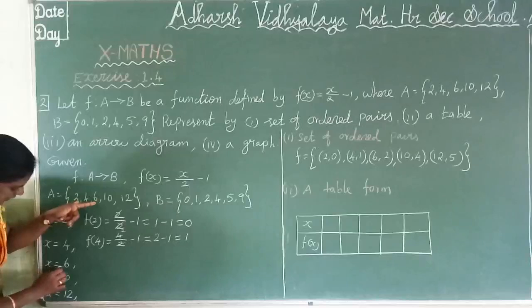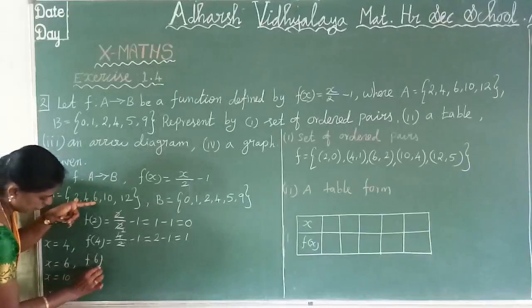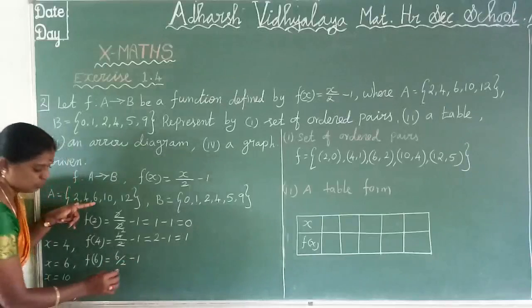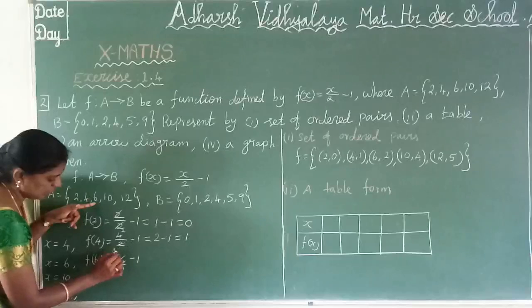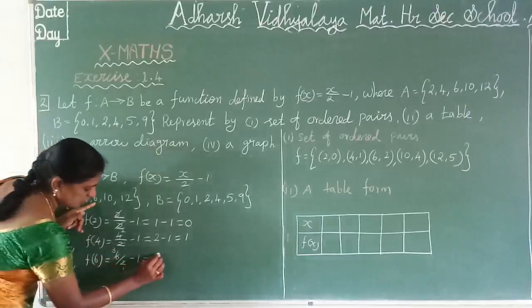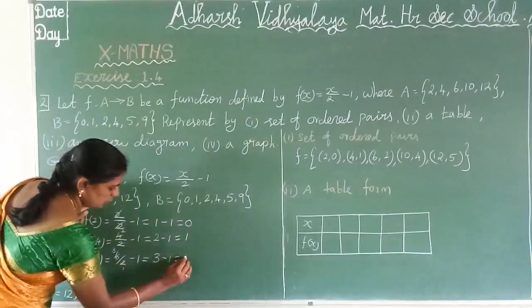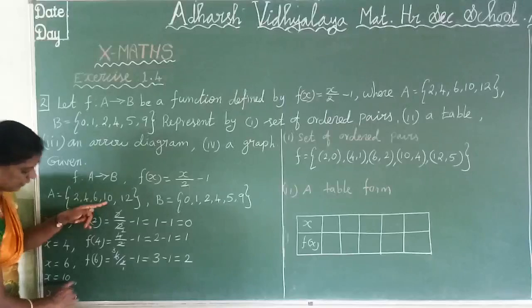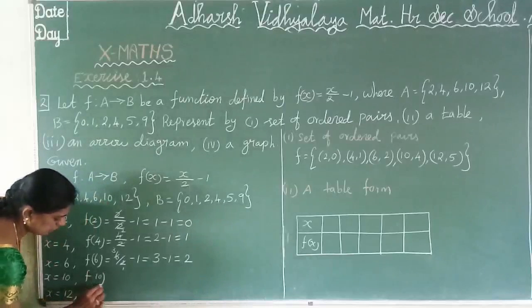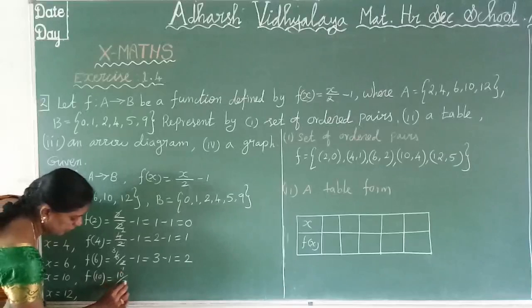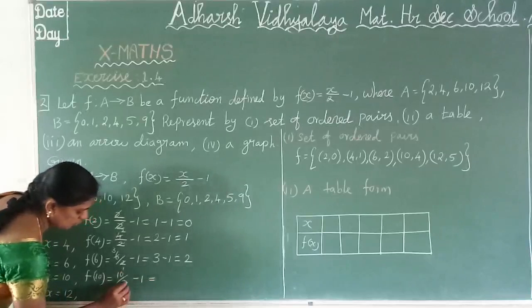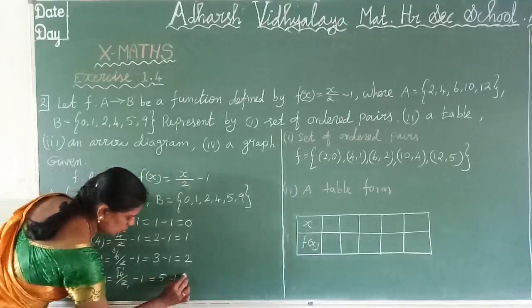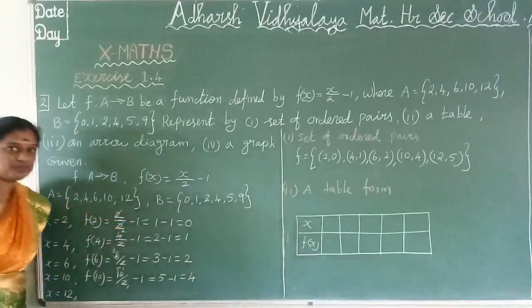Next apply x = 6. f(6) = 6/2 - 1. 3 twos are 6, so 3 - 1 = 2. Next apply x = 10. f(10) = 10/2 - 1. 5 twos are 10, so 5 - 1 = 4.